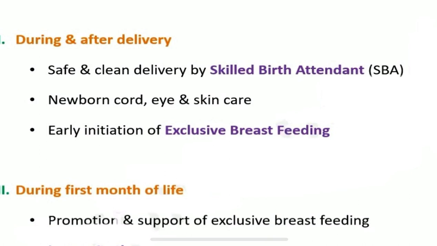You have to control the infection in the baby, and you have to also make sure that emergency obstetric care is provided. If there are some fetal conditions or complications, you have to give the obstetric care, and you have to manage these fetal complications or the delivery complications. And this is about the care during and soon after the delivery.